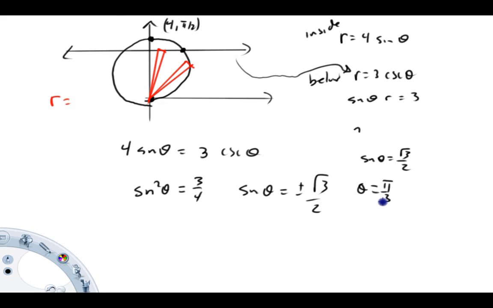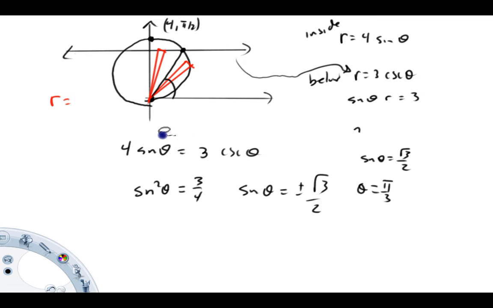Sine of pi over 6 is 1/2. Yeah, sine of pi over 3 is root 3 over 2. All right, so what we're going to do now is integrate 0 to pi over 3 using this curve, and then pi over 3 to pi over 2 using the second curve for our radius.